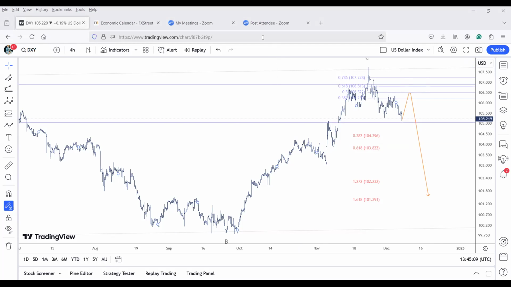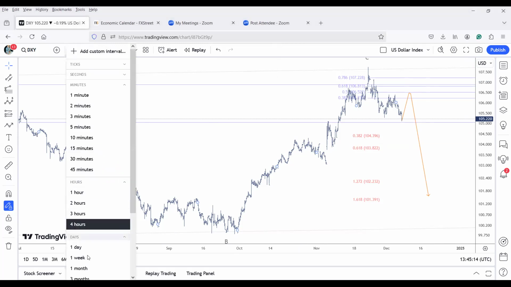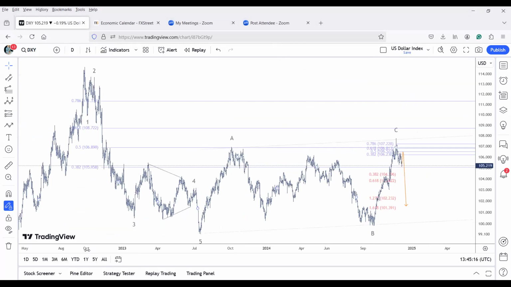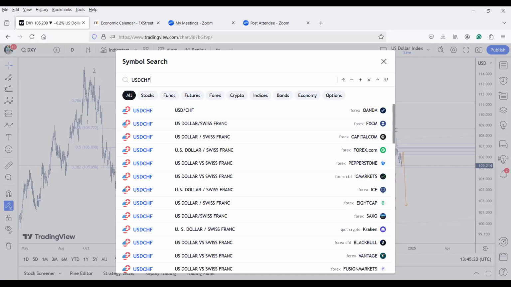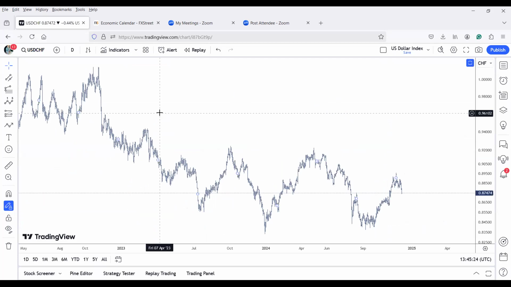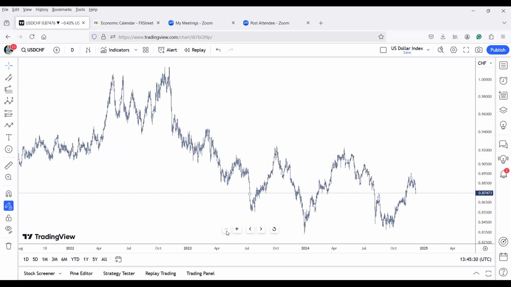USD CHF. Okay, just a moment, please. I normally don't follow dollar CHF, but ideally it should be in line with the dollar index as well. Okay, it's lagging actually. I would not do the labeling here.